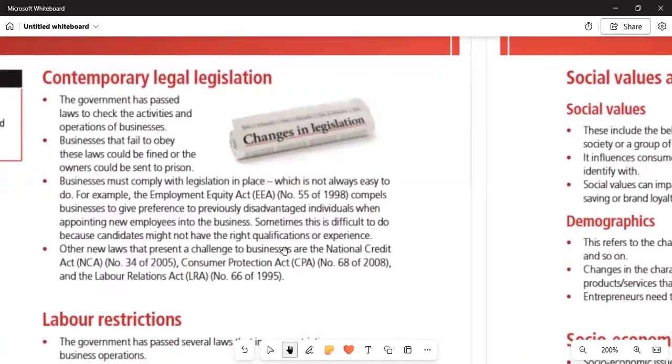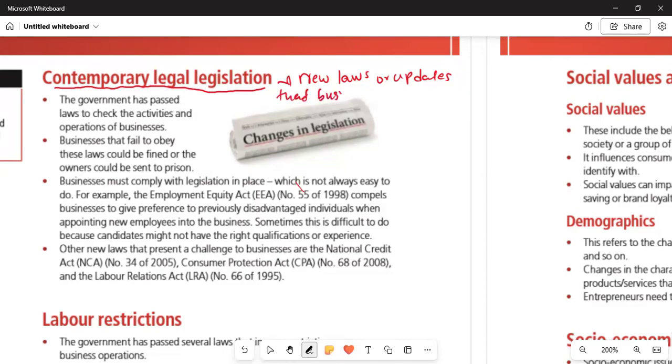Now we come to contemporary legal legislation. Here we are talking about what? New laws or upgrades that the business must follow.